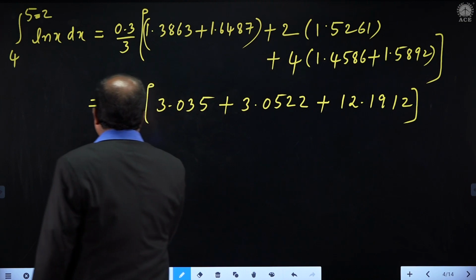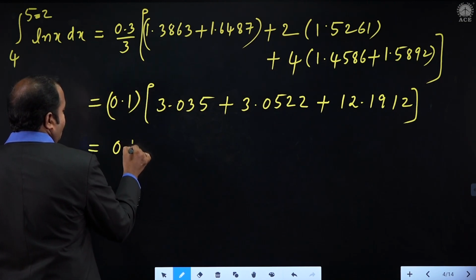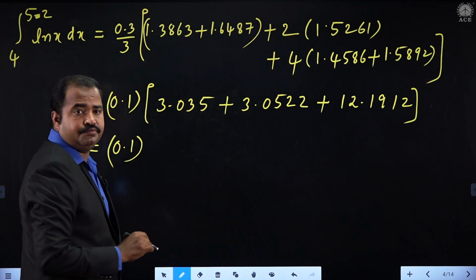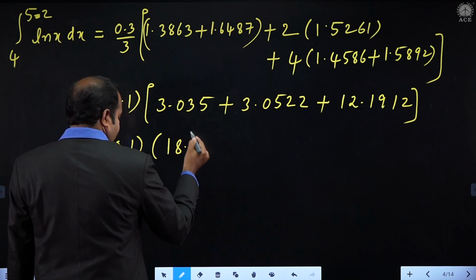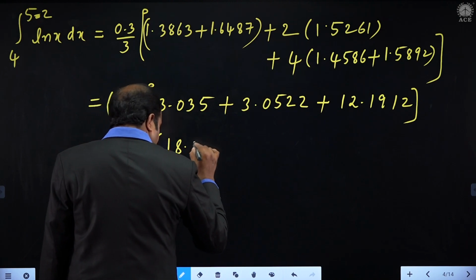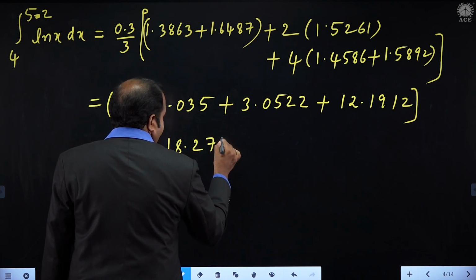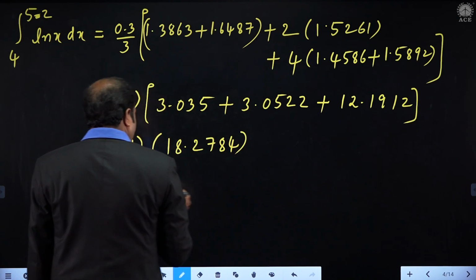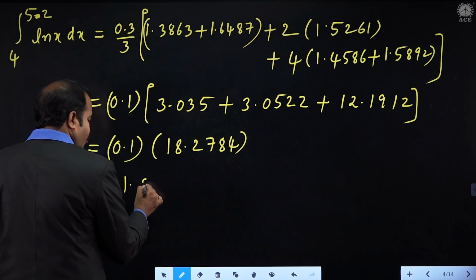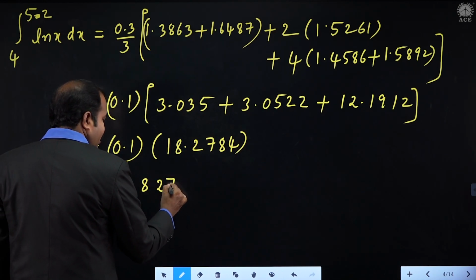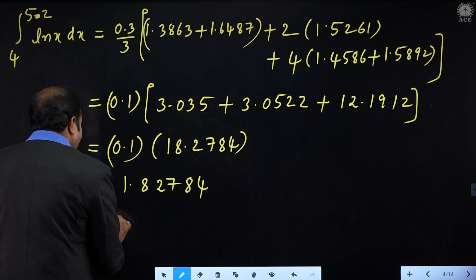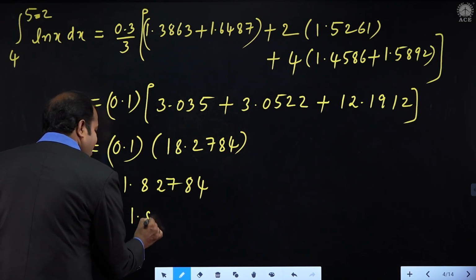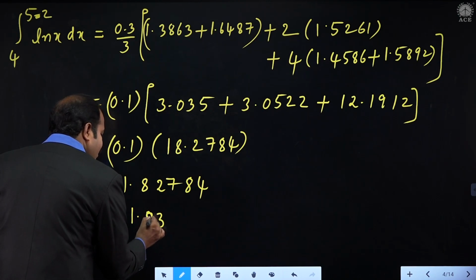So finally this is equivalent to 0.1 into 18.2784, which is 1.82784, equivalently 1.83.